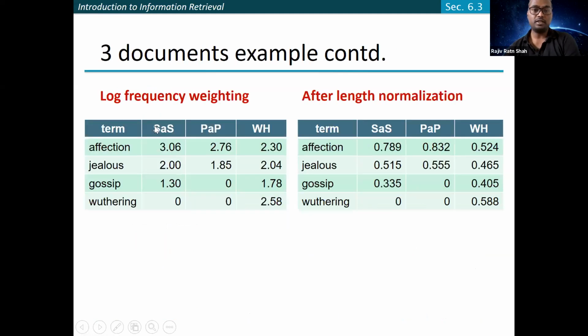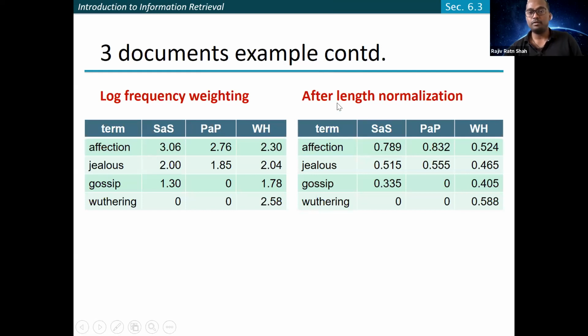So if you only consider the frequency, just consider the log frequency weighting as we have discussed, because often the frequency is too high, so you reduce its effect by considering the log frequency. So this is something you can compute using log frequency. And right now, just think of this set of documents as based on these 4 terms, again only for simplification.